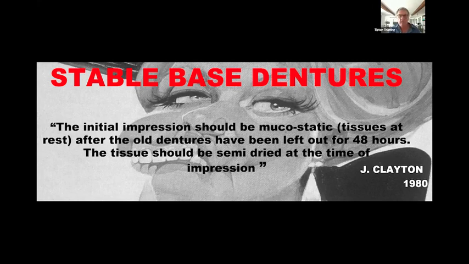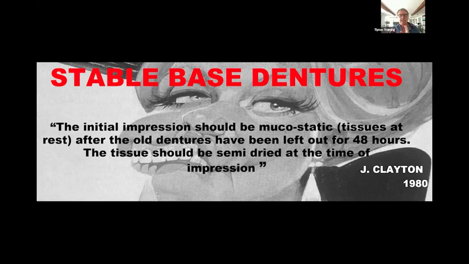Alternatively, if you really want to do this well, before the impression you fill the mouth up with some tissues, especially the upper jaw. We're not talking about the lower jaw and pooling of saliva. We're talking about the actual mucosa and trying to dry the mucosa.